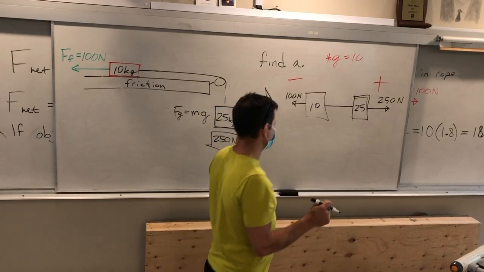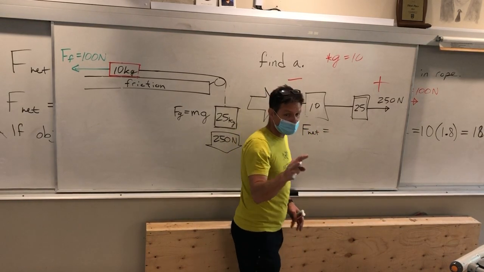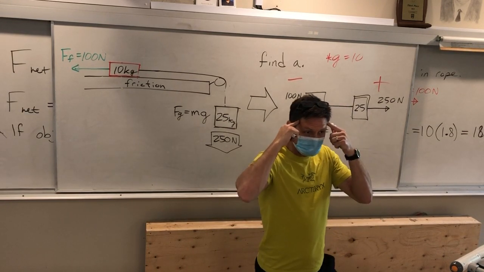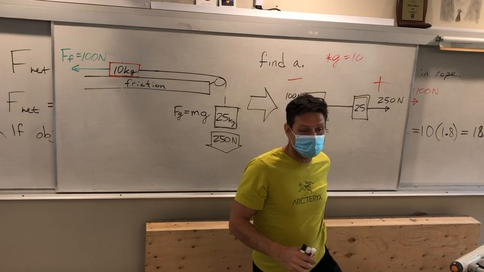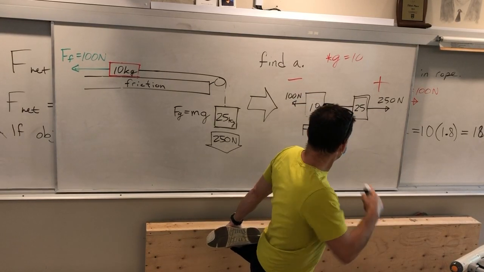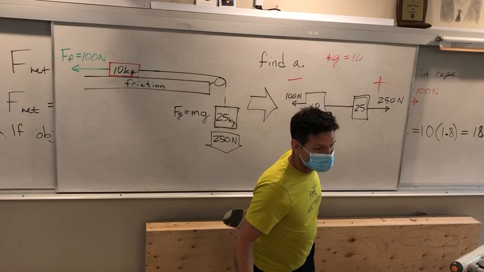Jimmy, how do I get the net force? Good. So if you're thinking mathematically, you're going to say the net force is always the sum of all forces. But the 100 is negative 100, right? So you're just adding them together.